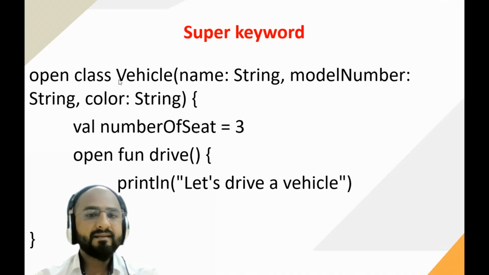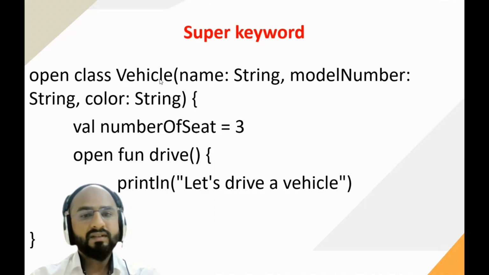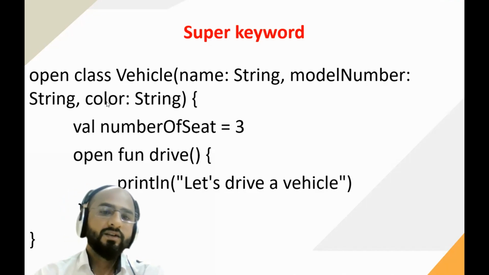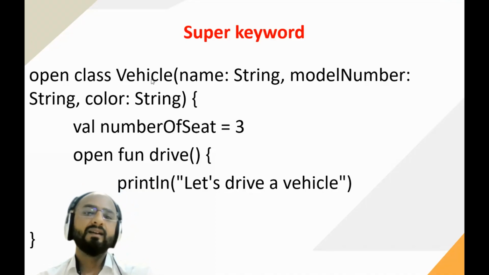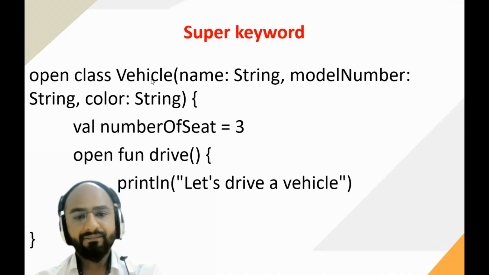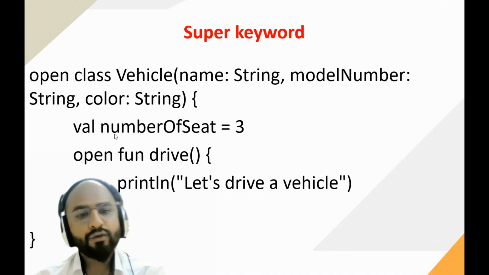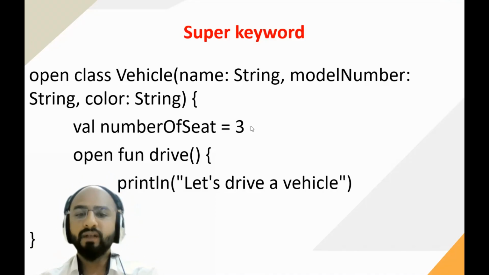So, open class Vehicle. This Vehicle class has, say for example, three properties: name colon String, modelNumber colon String, and color colon String. So the Vehicle class has three properties. And in the class scope, I have written numberOfSeat equal to 3.